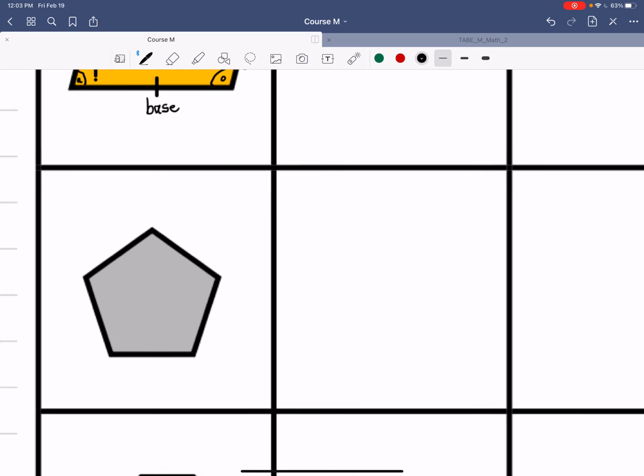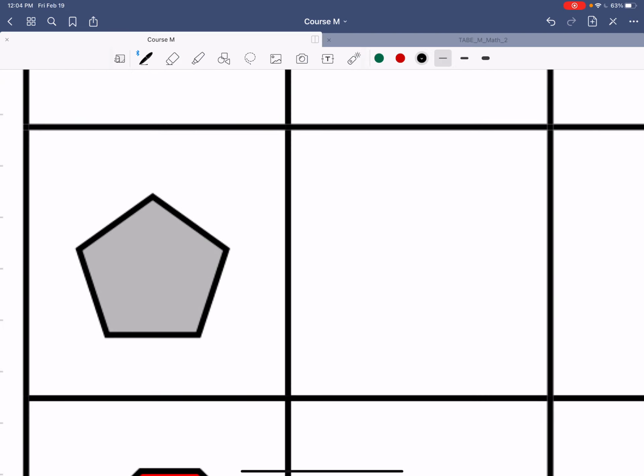This is a pentagon. It has 5 sides. So let me ask you something. If it has 5 sides, how many angles does it have? Think about that a minute. A triangle, let's go back through here.